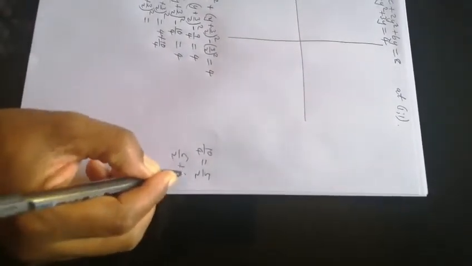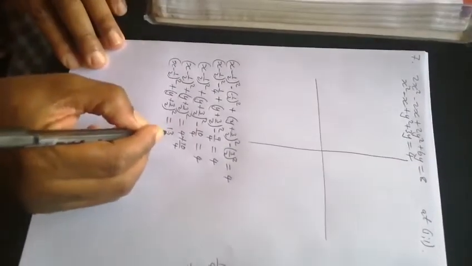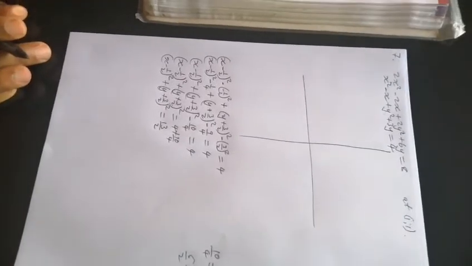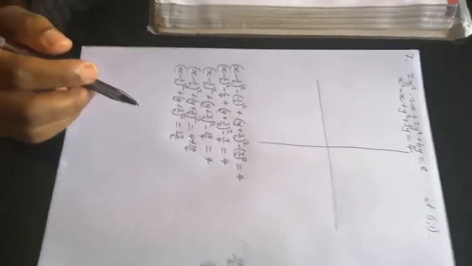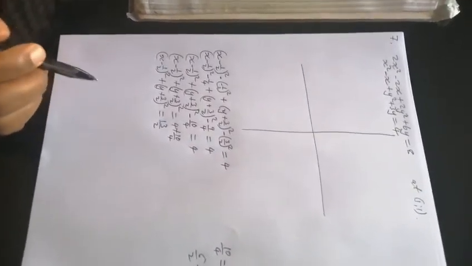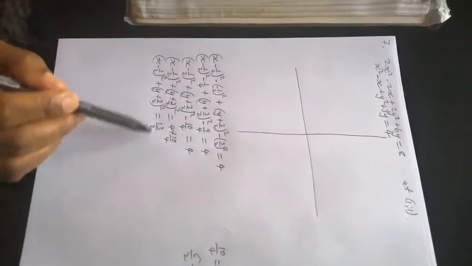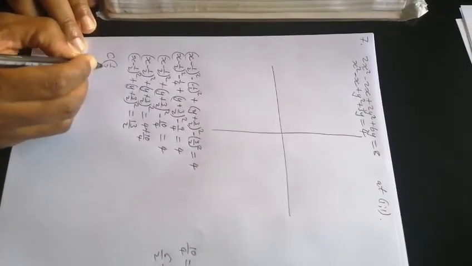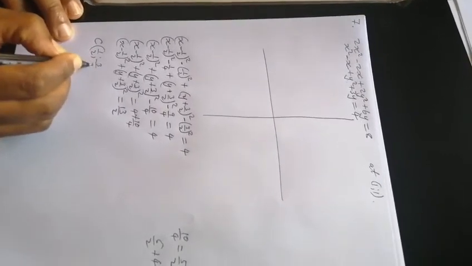Remember, 10 over 4 is the same as 5 over 2. So it's actually 5 over 2 plus 4. That gives us 8 plus 5, which is 13, so 13 over 2. This is the equation of the circle in standard form, showing that the center has coordinates (half, minus 3 over 2).